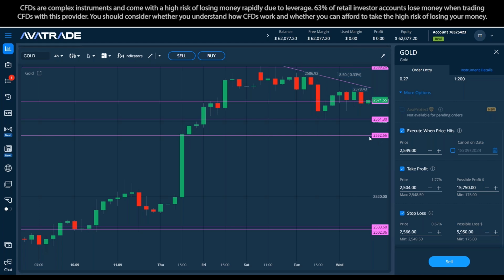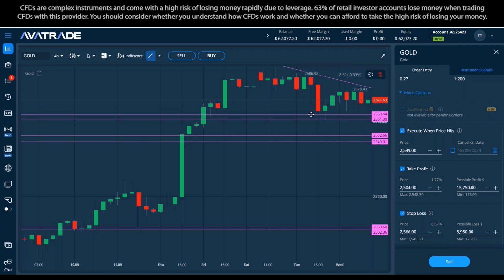Okay, so technical setup is entry. Let me pull some of these lines down. Entry here, okay, just below these support levels. If it has enough momentum with today's announcements and events to break all of this support, then you're selling if it hits here with the downtrend. Stop loss back up above these, up here at 25.66.